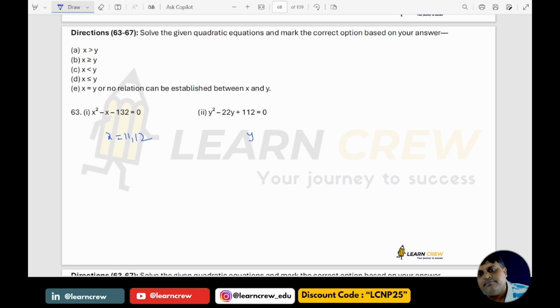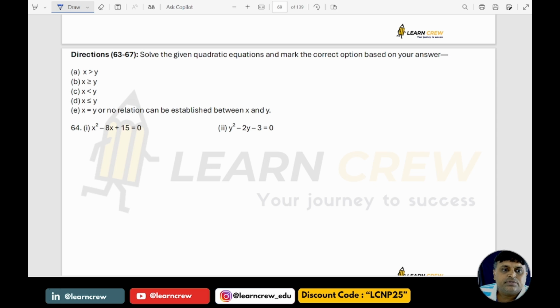So what is the value of x I got? I have got minus 11, 12. Y is 8, 14. So 12 is greater than 8, but minus 11 is less than 8. So the relation can't be established. So the option is E.